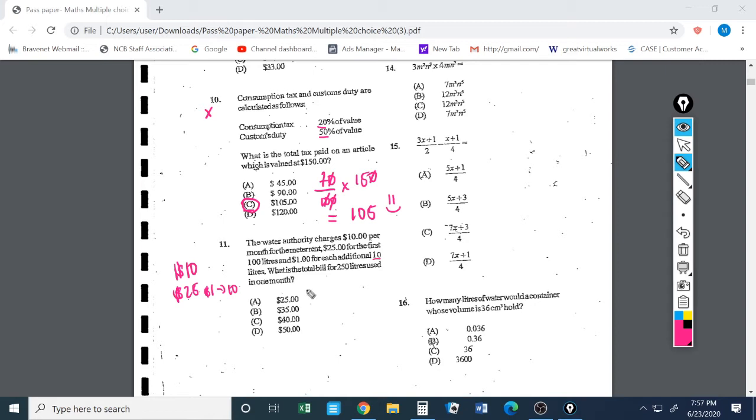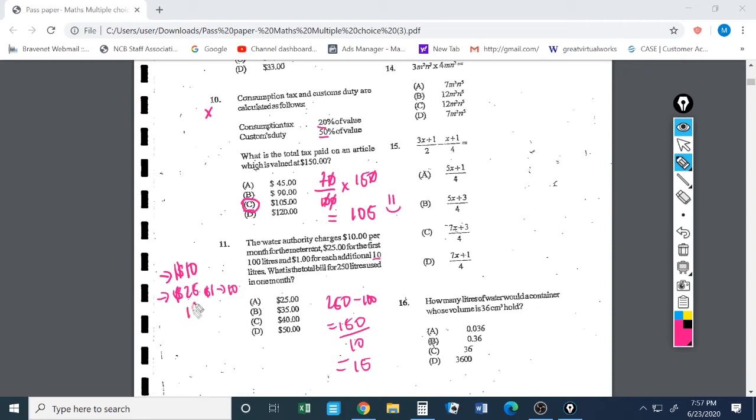All right, so the first thing we're going to do is subtract the 100 liters from the 250. And I'm going to be left with 150 liters. And we'll have to account for that $25. And remember, we're charged $10 per month for the meter. Then this 150 we're going to divide by 10 and we're going to get $15.